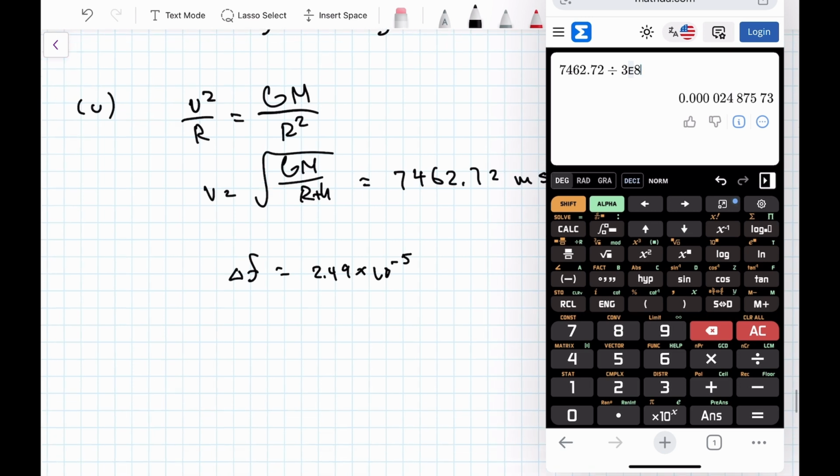And the bandwidth is simply the shift in frequency, I suppose. So let's say B should be equal to 2.49 times 10 to the minus 5 multiplied by the initial frequency.